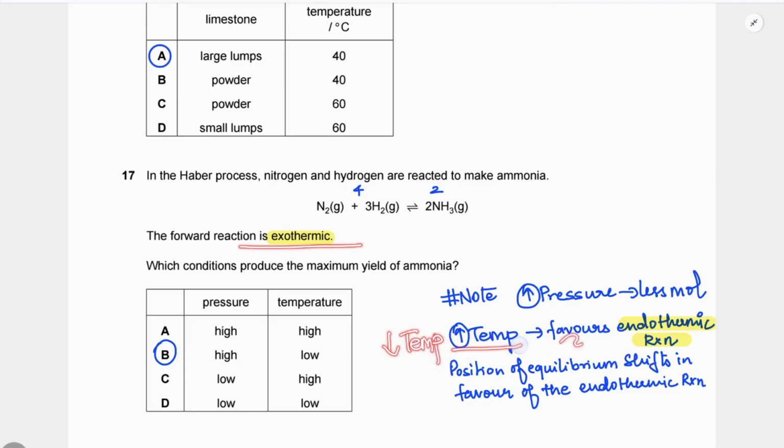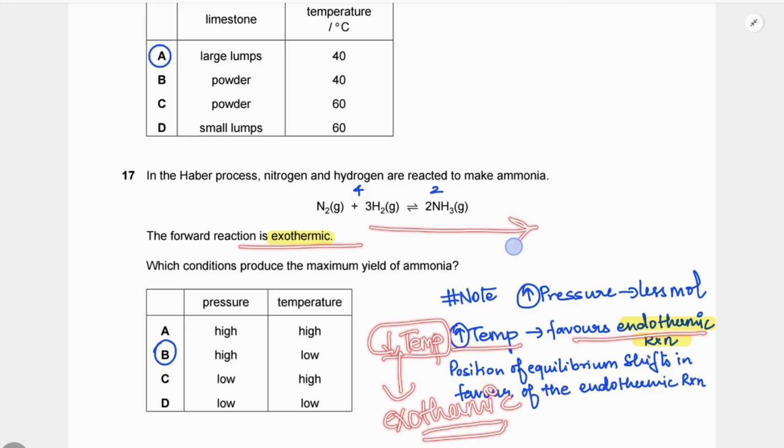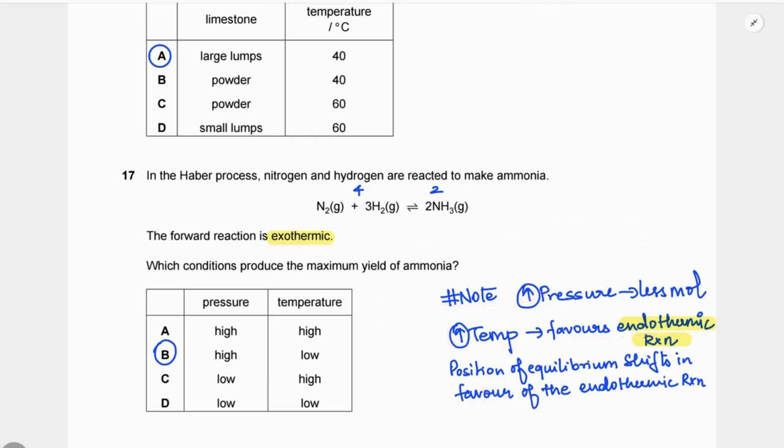Because increasing the temperature favors the endothermic reaction, and if I decrease the temperature, it will favor the exothermic reaction. The forward reaction is nothing but it goes towards the right side, and if it's going towards the right side, that means ammonia is getting produced. So over here the question has asked for maximum yield. So yes, if I decrease the temperature, I'm going to get more ammonia. So for question 17, the correct answer is B.